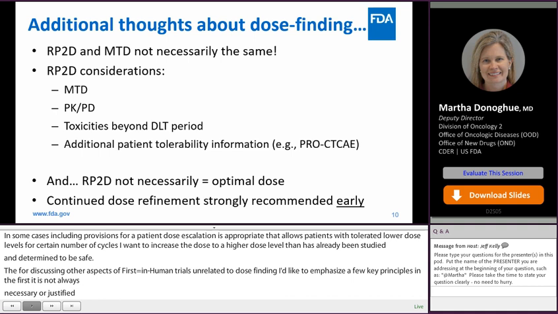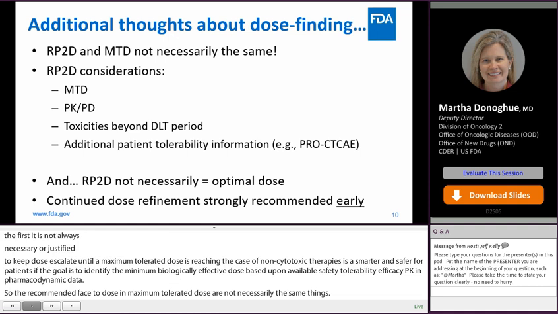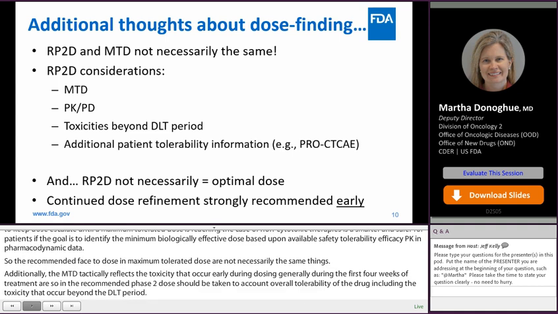Additionally, the MTD technically reflects the toxicities that occur early during dosing, generally during the first 4 weeks of treatment or so, and the recommended phase 2 dose should also take into account overall tolerability of the drug, including the toxicities that occur beyond the DLT period. Furthermore, we now have the patient-reported outcomes version of the CTCAE criteria, which can provide valuable information regarding the patient's perspectives on toxicity.